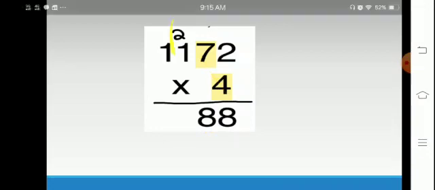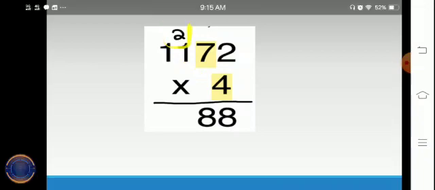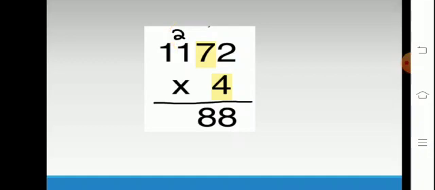4 multiplied by 2 is 8. Write 8 at ones place. 4 multiplied by 7 is 28. Just write 8 here and 2 carrying over here to 1. Now multiply 4 with 1, it's 4, and when we add 2 to this number, we will get 6.